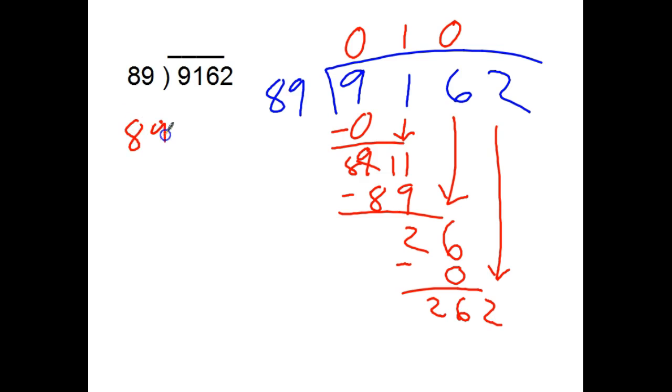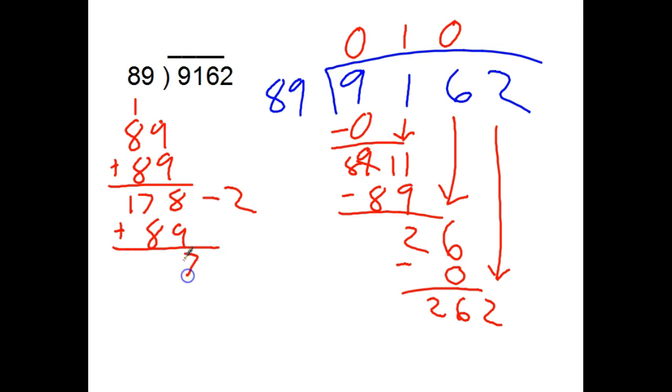Alright, now we're getting interesting. 89 plus 89 is 178 for 2. Yeah, there may be a third one. Let's try it out. 267. Oh, just a little too much. So we're going right there with 2 of them for 178.